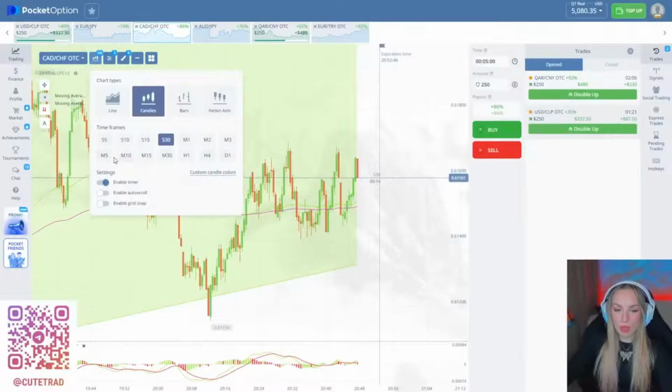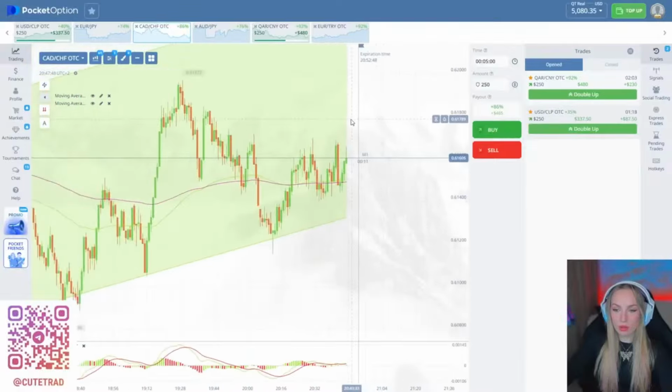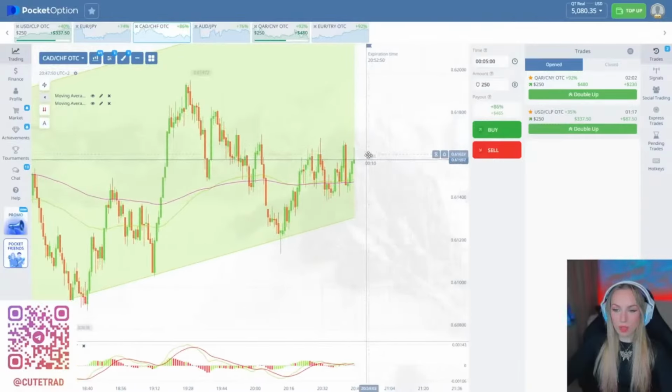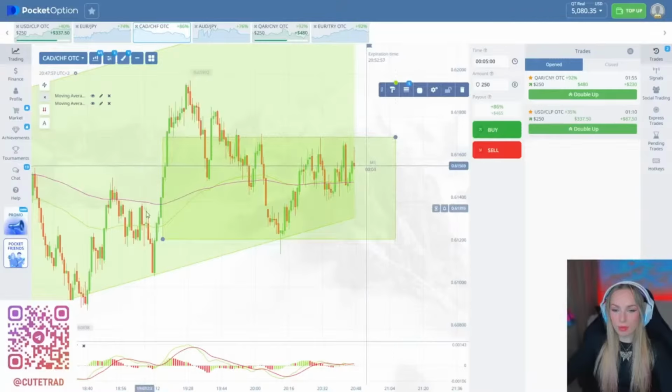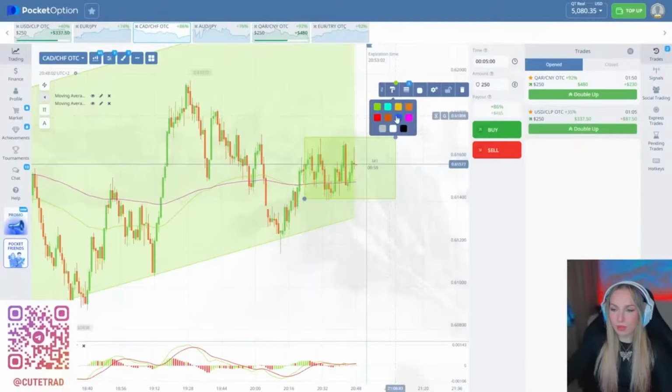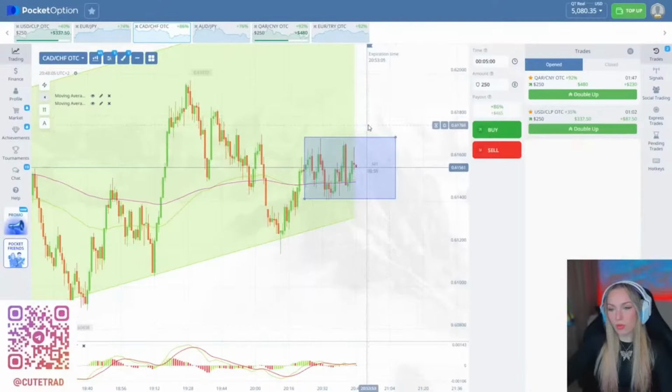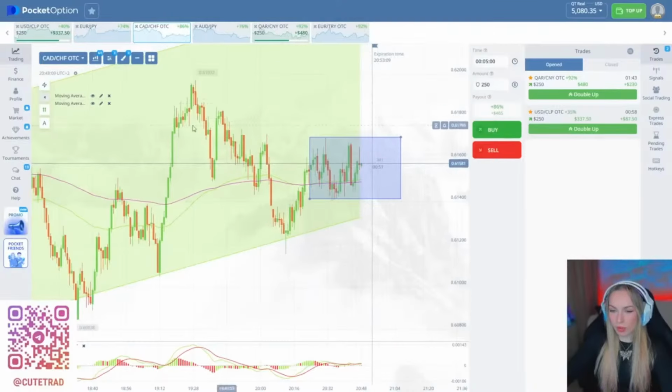But maybe we can enter here. I feel like right now the price got stuck somewhere here, in this range. So when it overcomes, when the price is somewhere there, we can open the trade in the upward direction.